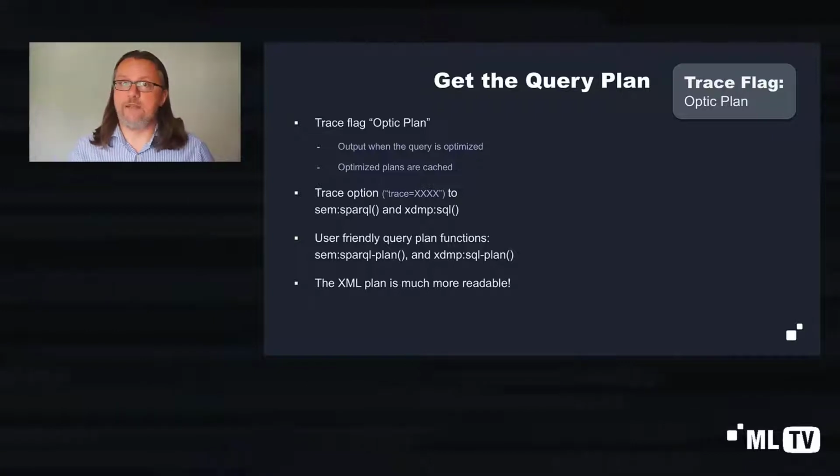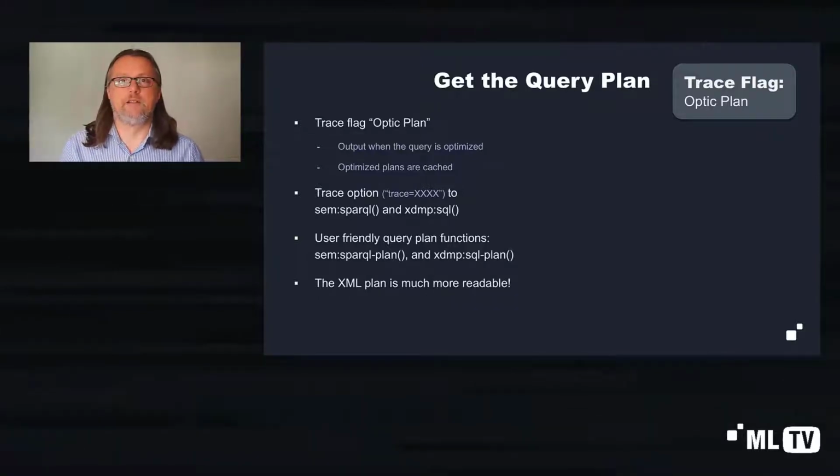There's a REST API parameter that you can also set that does tracing, and that will output the plans just for the query with that option set. So that could be useful if there's a lot of queries going on in the system, because the output can be overwhelming if all of the queries are outputting query plans at the same time.